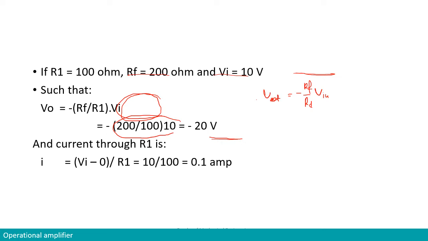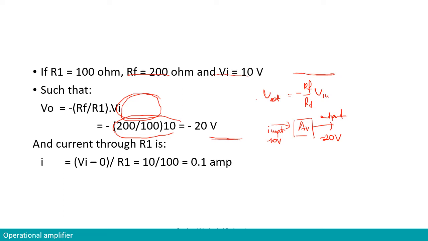So with 10 volts at input, we get an output of minus 20 volts. There's a gain of amplification in the middle.